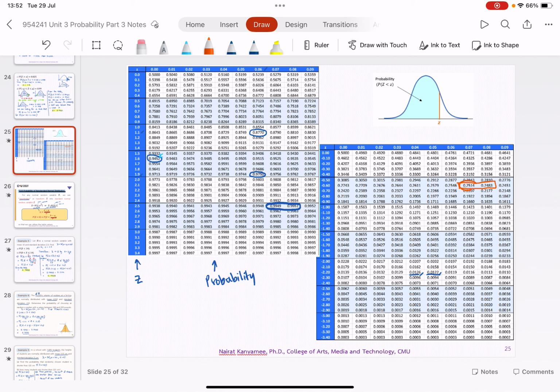It is closer to this one, right? 0.2514 is closer to 0.25 than 0.2483. You can check it out. So I'm going to use the value 0.67 for this one.